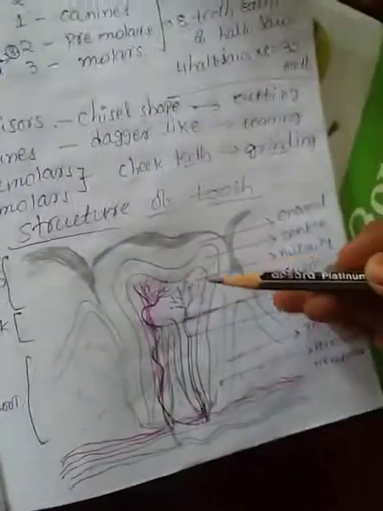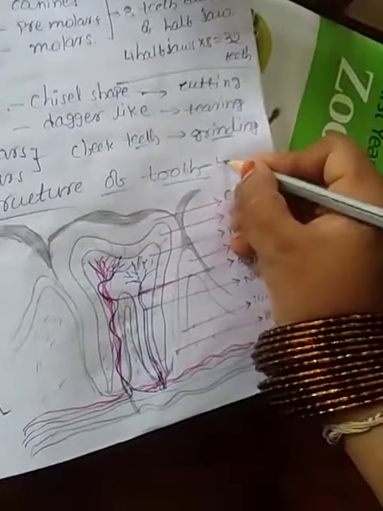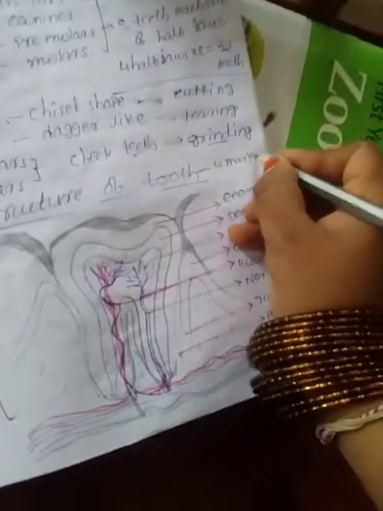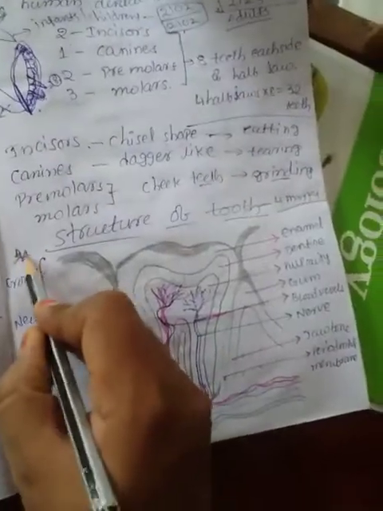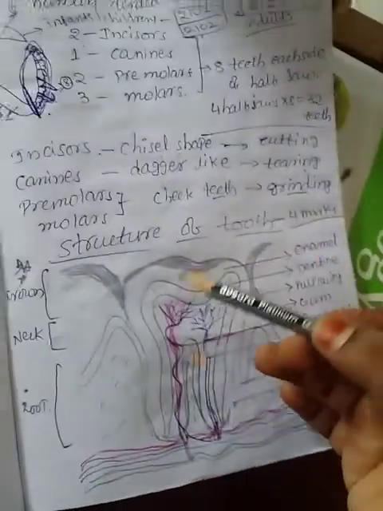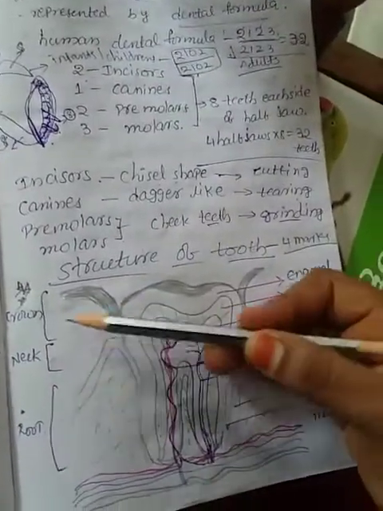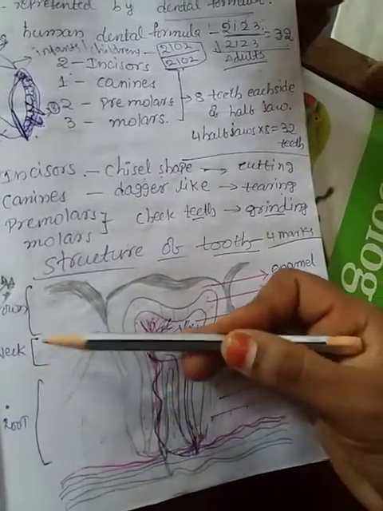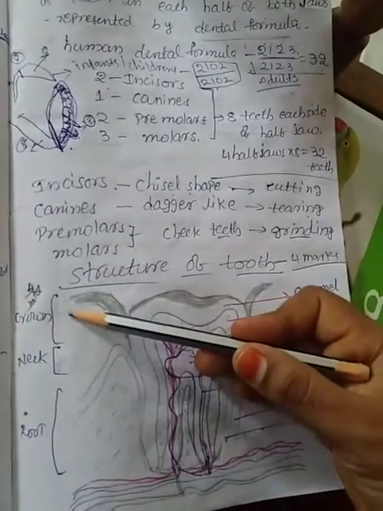This is a 4 marks question in our IPE, and also an important diagram-based question. In the structure of a tooth we have only 3 parts: first the root, second the neck and third the crown.